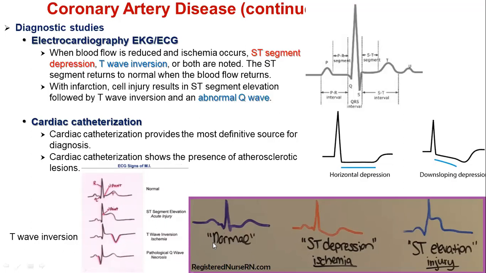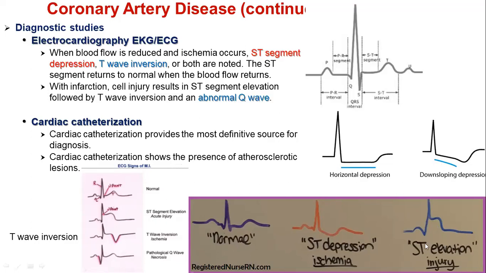In this picture showing the normal EKG, second picture ST segment is depressed, and when ST segment is depressed, it means some ischemic change occurs. But picture number 3, ST segment is in the up direction, but it's supposed to be horizontal.